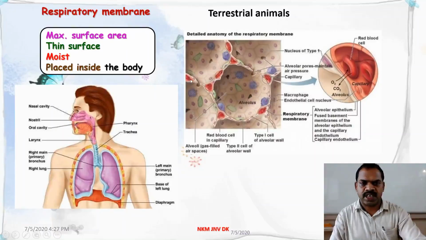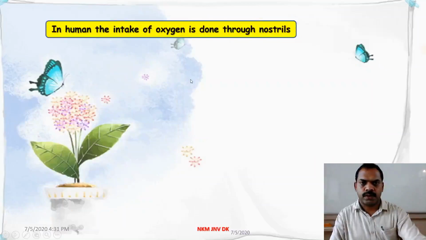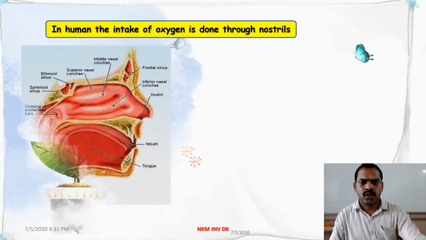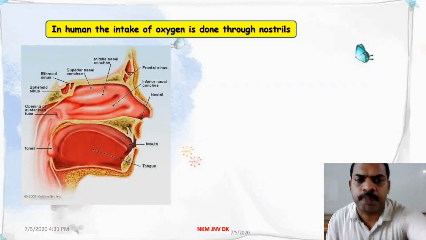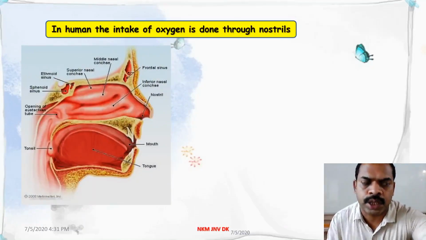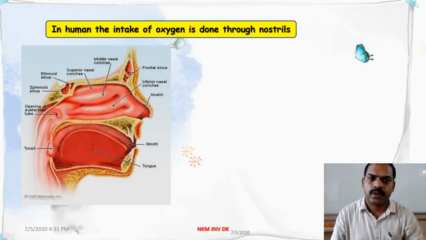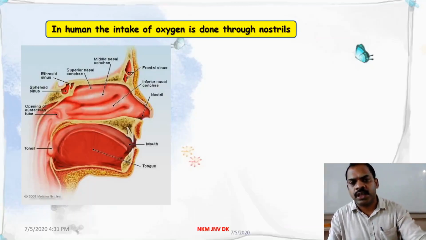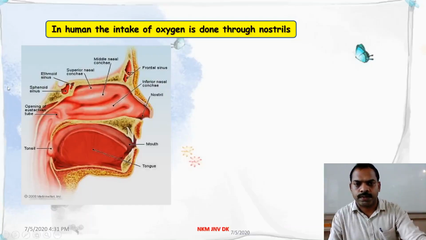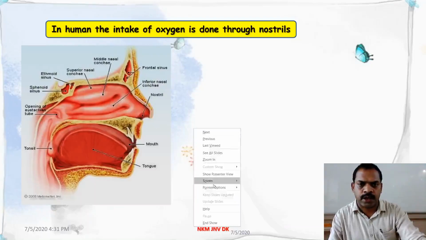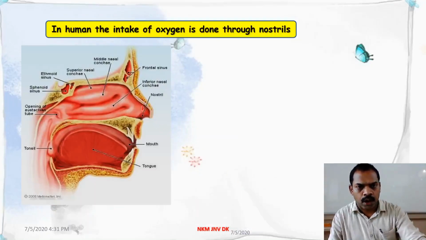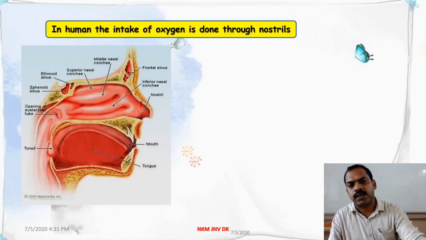First feature we'll discuss. First of all, we'll see how the breathing process starts, the mechanism of breathing. How does it start? We are taking in the air through the nostril. The peculiar feature of the nostril is that we have a lot of small minute hairs here. What do they do?